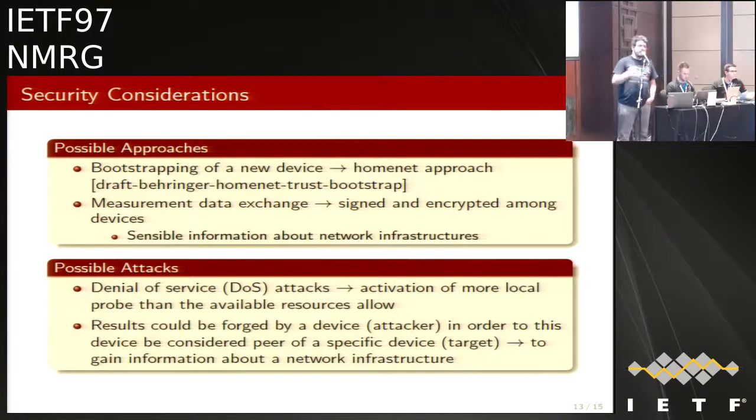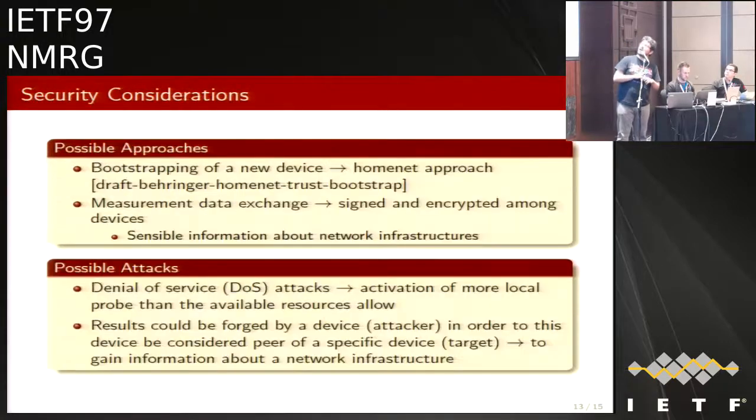And also, some results could be forged by a device which is an attacker in the network, and this can lead to measuring some locations of the network which are not important at some time, and then start to have, for example, an attack in another part of the network. So there are this kind of attacks that are possible considering this kind of autonomic solution.